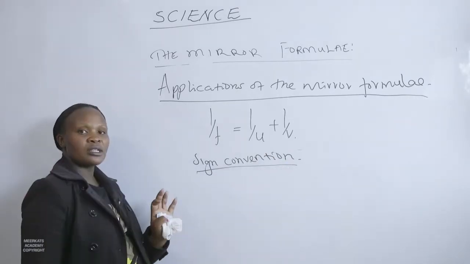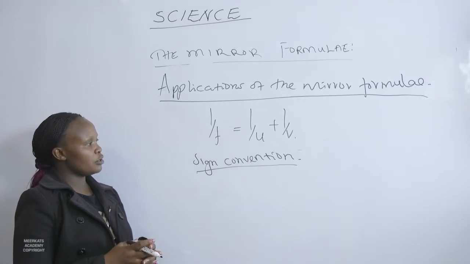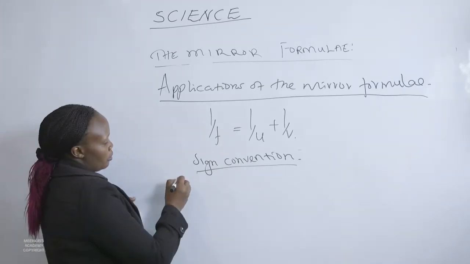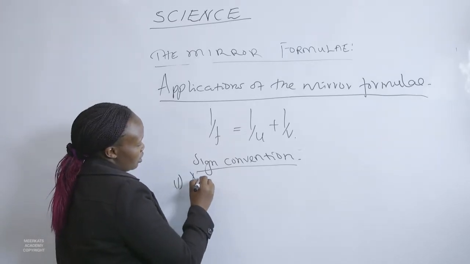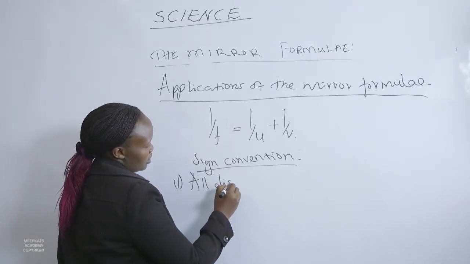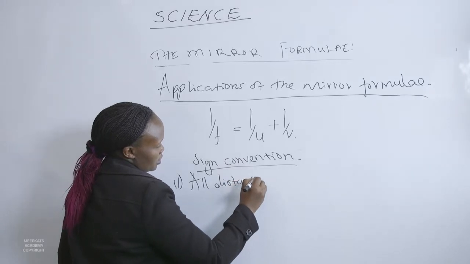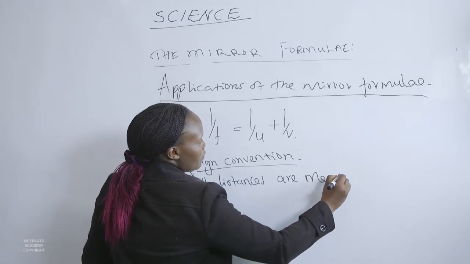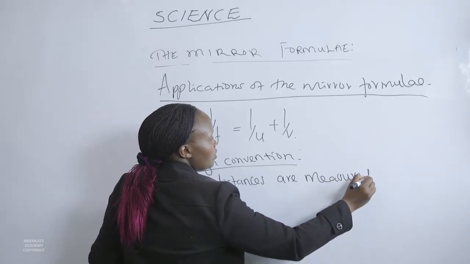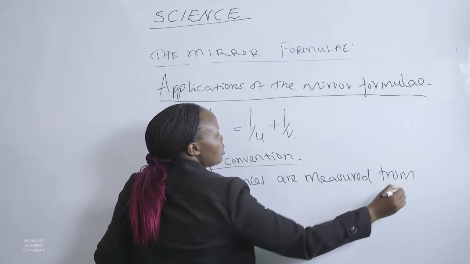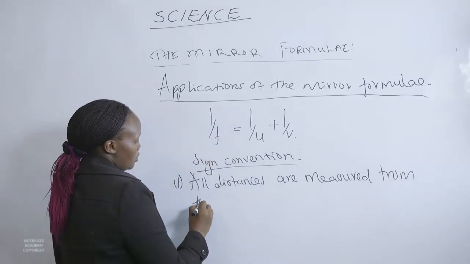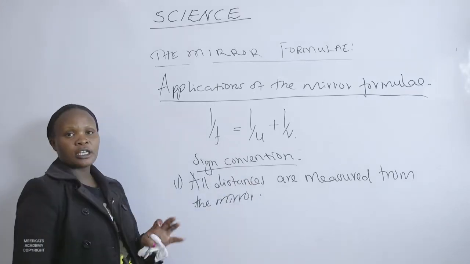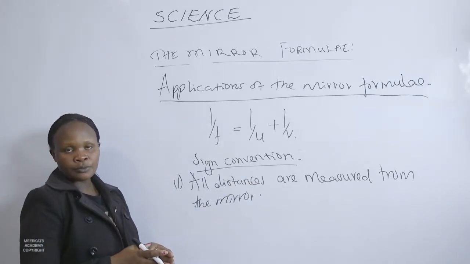Now there are some rules that govern the application of this formula. For example, number 1 is that all distances are measured from the mirror. They are actually measured from the mirror. That is rule number 1.